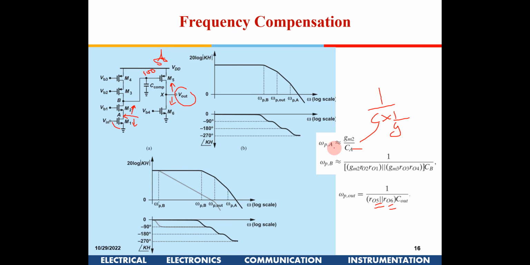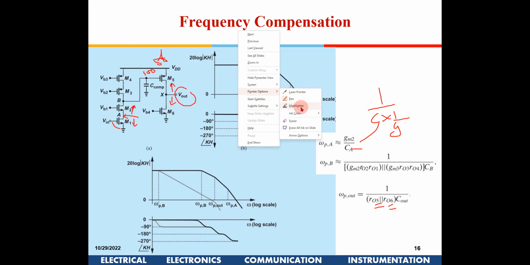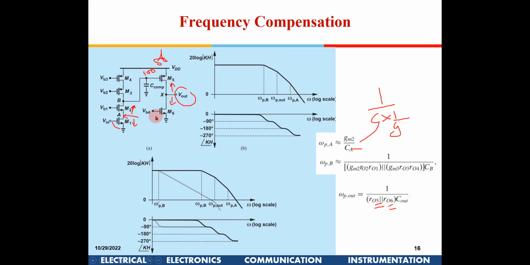In the example, we considered omega PA, omega PB, and omega P out, right? Why were those nodes considered? Let's say some problem is given. How to pick the nodes is the question, sir. In the signal path, you will have to see. As the signal moves from here to here, I have one node.